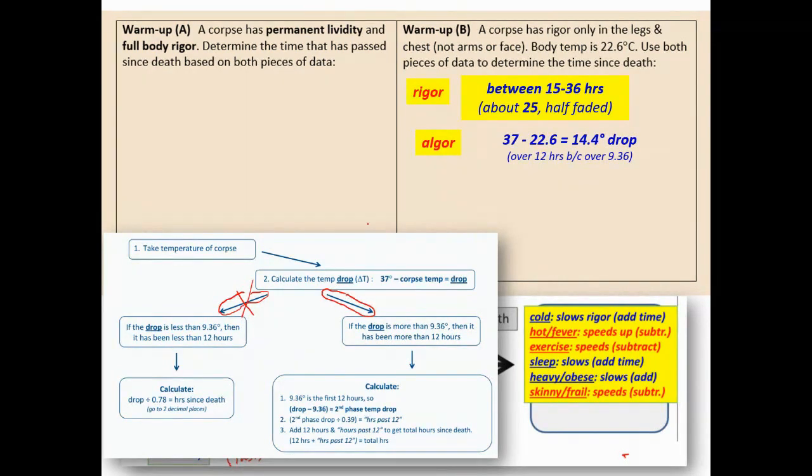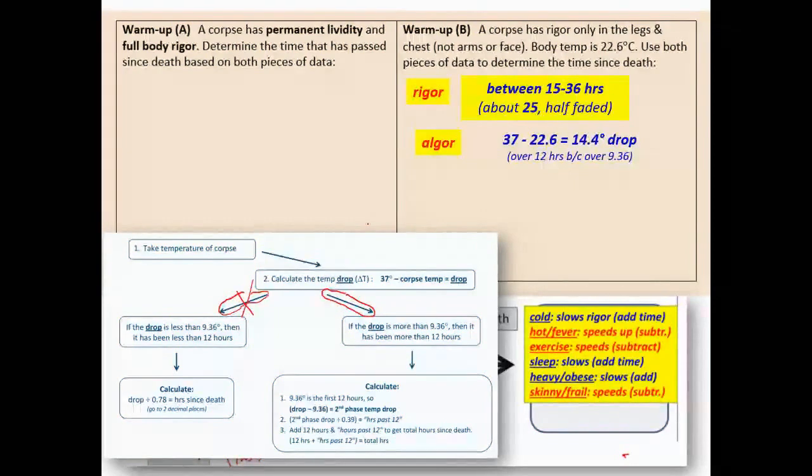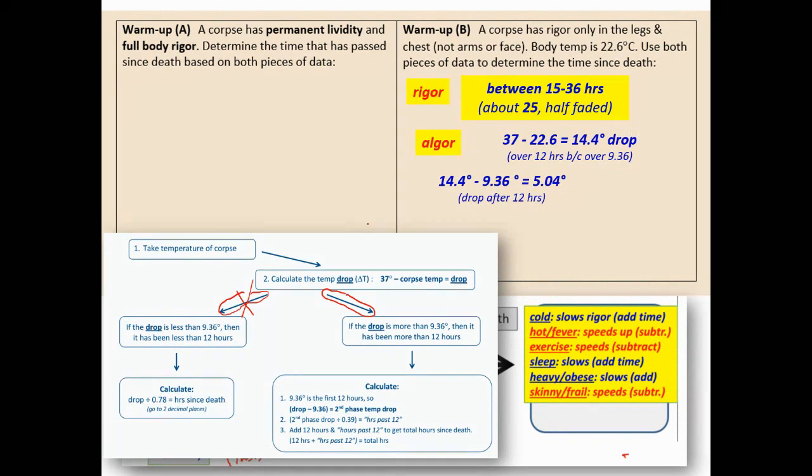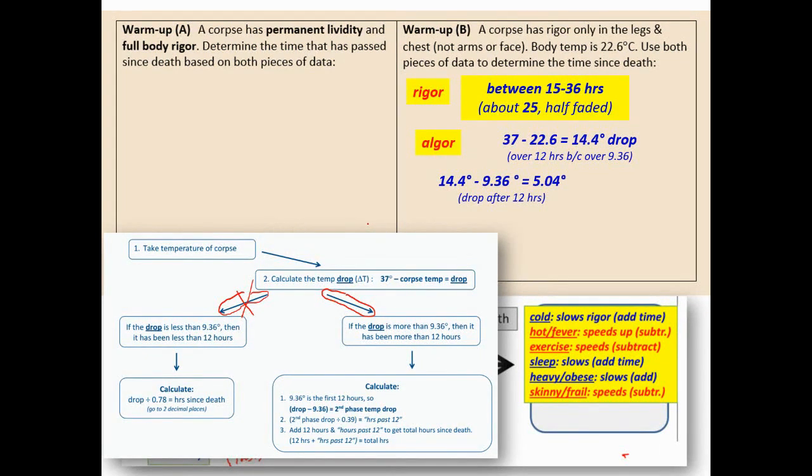Okay, so it dropped 9.36 degrees in the first 12 hours, and we have to figure out what is the drop after 12 hours. So 14.4 degree total drop. Take away 9.36 degrees that happened in the first 12 hours. That gives us a 5.04 degree drop after 12 hours. Now we take that 5.04 divided by 0.39.